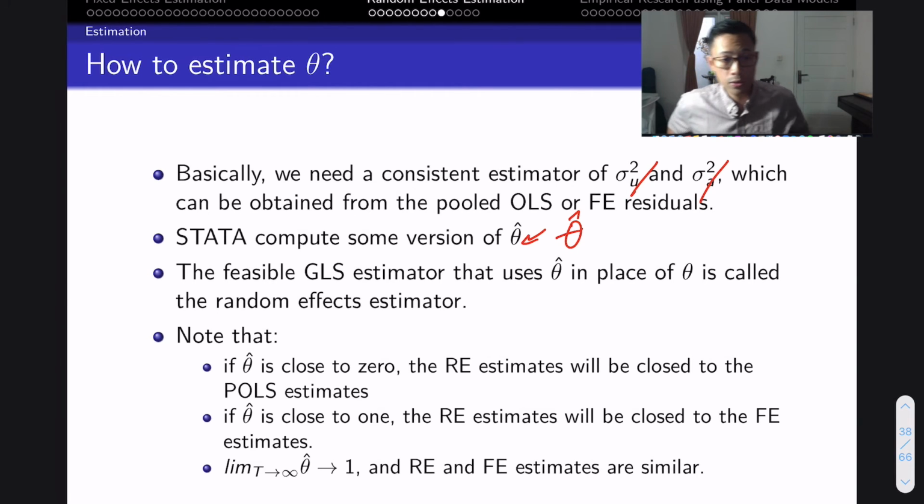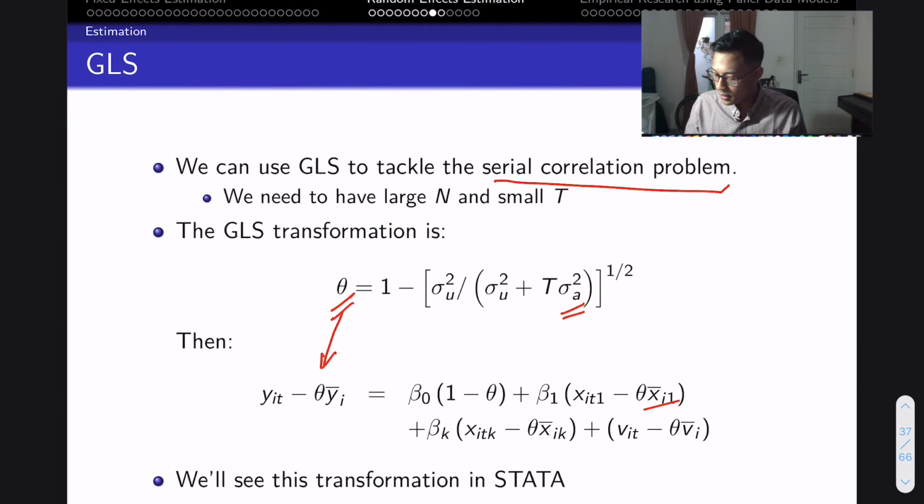Now let's take a look at the estimating equation once more. Take a look at theta and assume different values of theta. What would happen, say for example, if theta, or theta hat for the feasible GLS, but let's just take the theoretical parameter theta first. If theta is 0, then you can see that the estimating equation shrinks into a pooled OLS estimation.